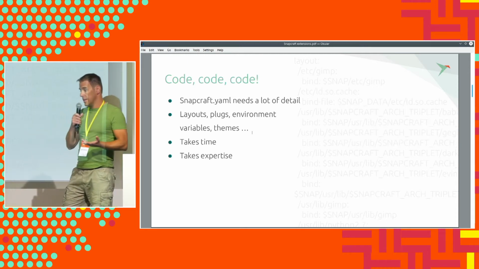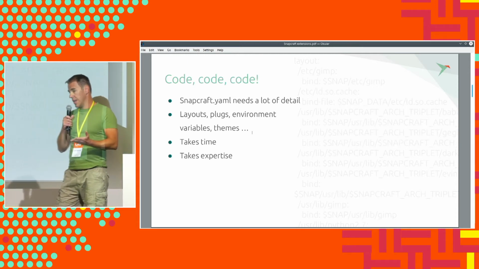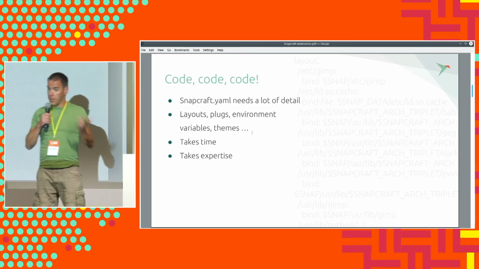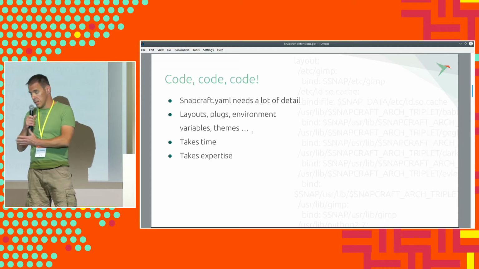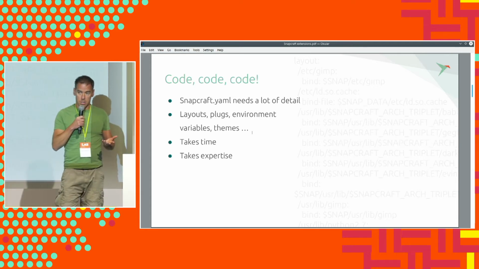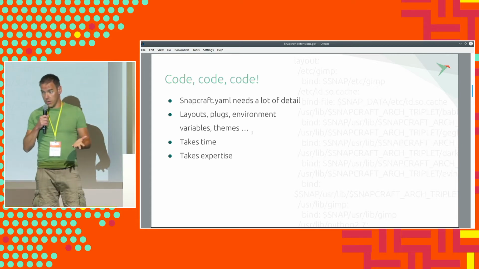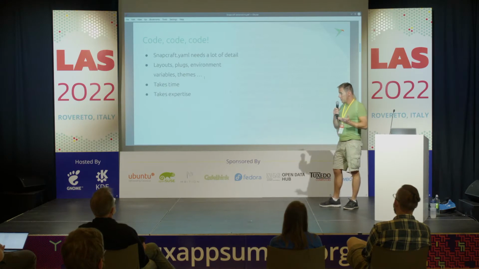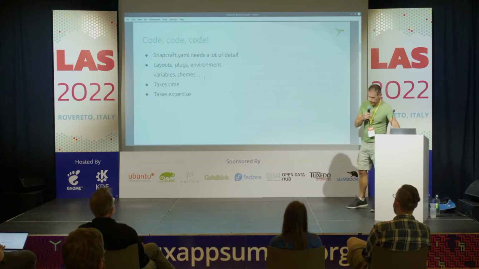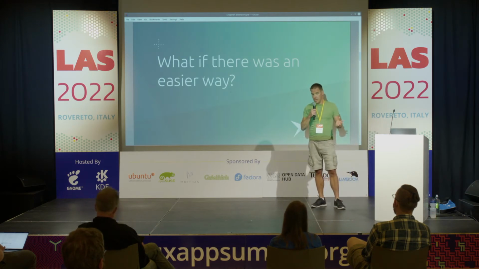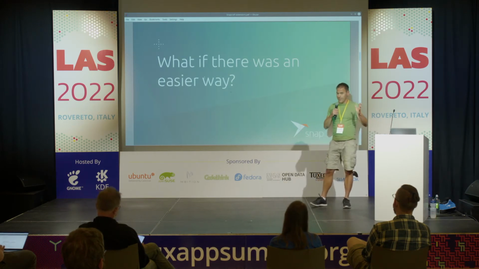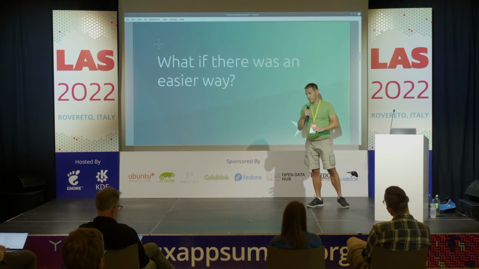Then we have things like, is my application going to get outdated at some point? What about theming? What about consistency? How does it live and integrate with the desktop? There are quite a few questions here, and they're not trivial to solve. But my question is then, what if there was a magical way to make snaps easier to snap?